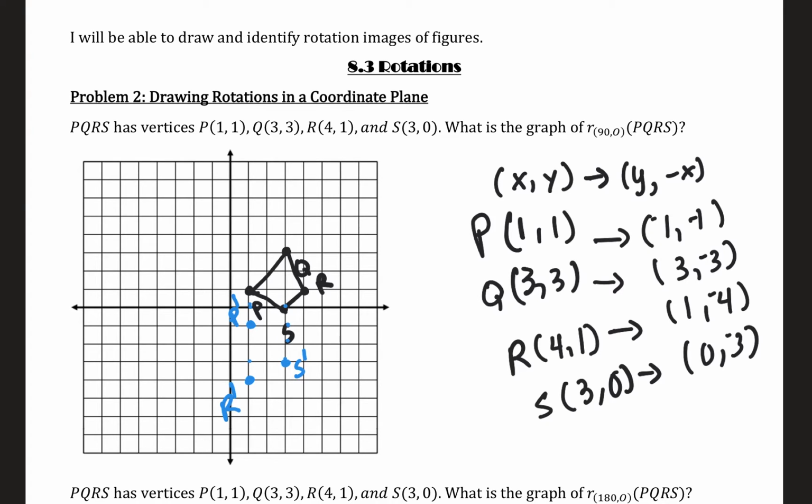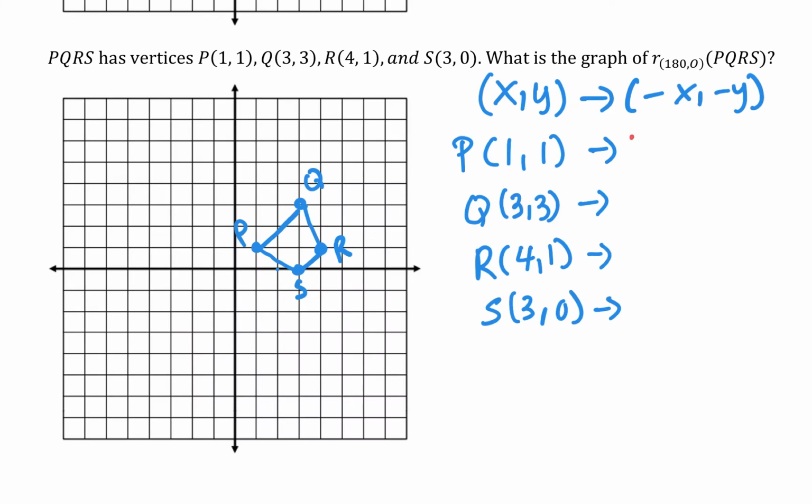And then 0, 1, 2, 3. So that will be S prime. So we're going to connect the points. So we have P prime, S prime, P prime, Q prime, but what was Q prime? 3, -3, this is Q prime, R prime, and S prime.